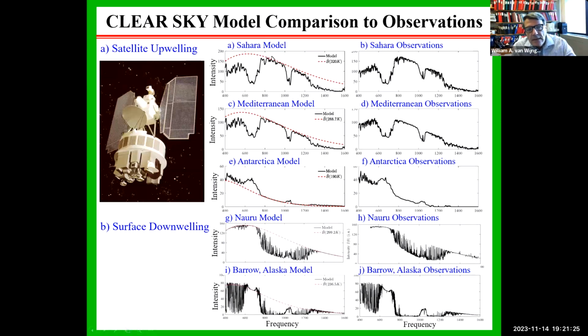This red curve, that's the signal that you would get if there were no greenhouse gas, if the atmosphere were transparent to the infrared wavelengths. So this is calculated using the surface temperature. Notice for Antarctica, this red curve is below the intensity signal that you see. And the reason for that is the surface of Antarctica is colder than the air above.